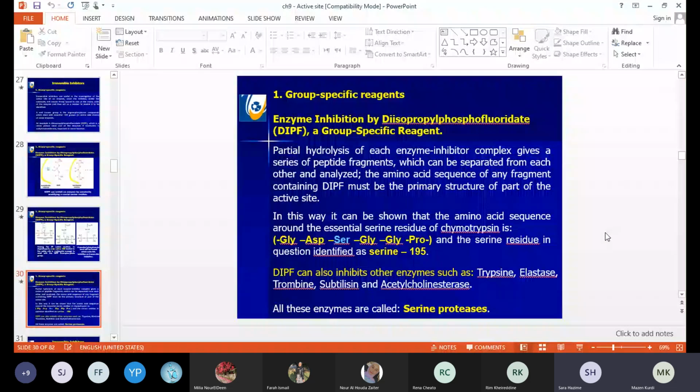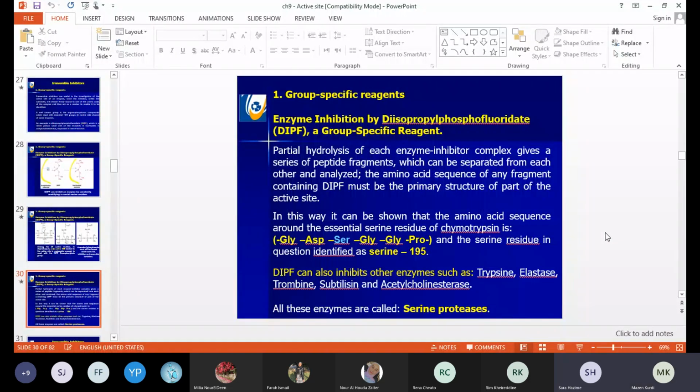DIPF can also inhibit other enzymes. As we said a little while ago, all the enzymes that are serine proteases, which have the serine in the catalytic triad of the active site, such as trypsin, elastase, subtilisin, acetylcholinesterase, and thrombin, are all serine proteases, and DIPF is able to inhibit all these enzymes.